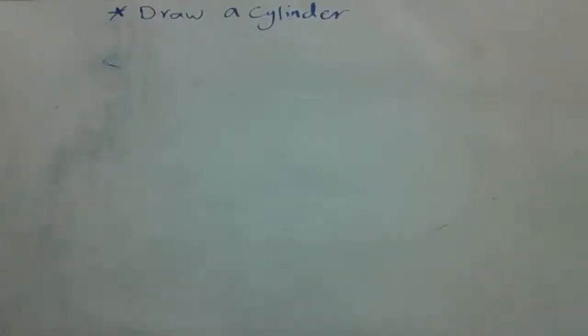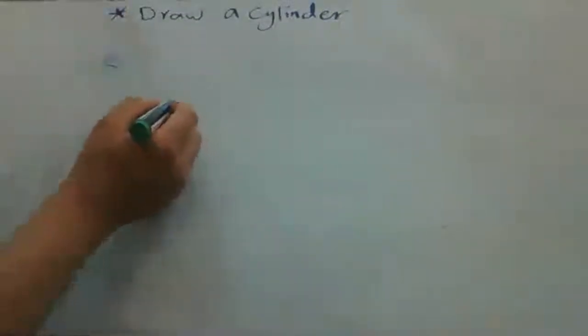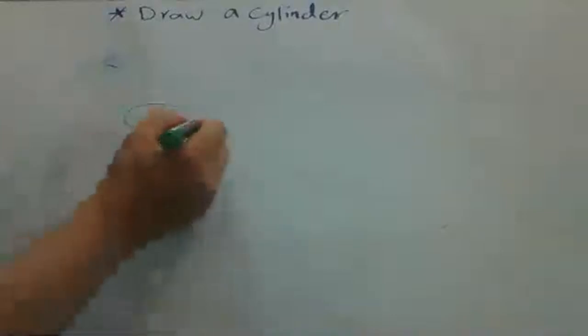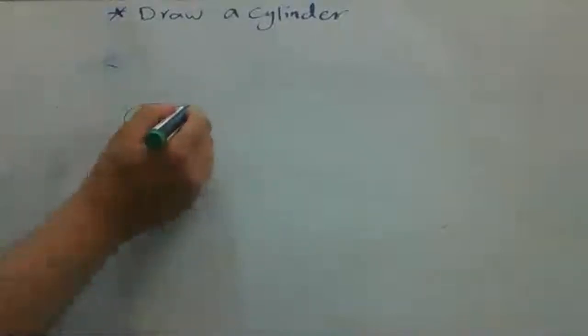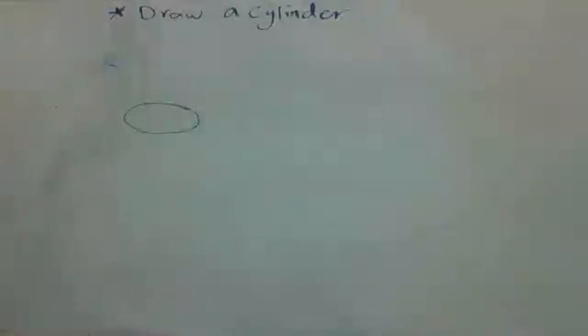If we draw a sketch at the beginning for the cylinder, the cylinder sketch contains two circular shapes, the base and the cover.